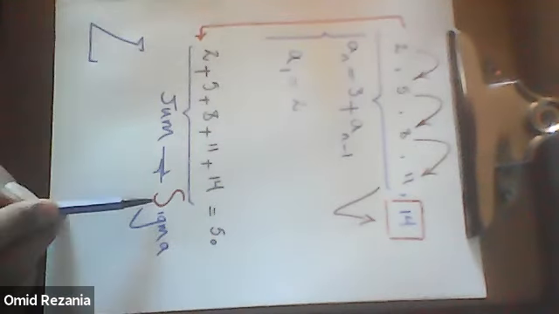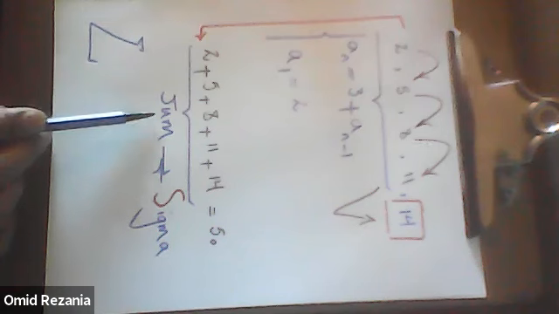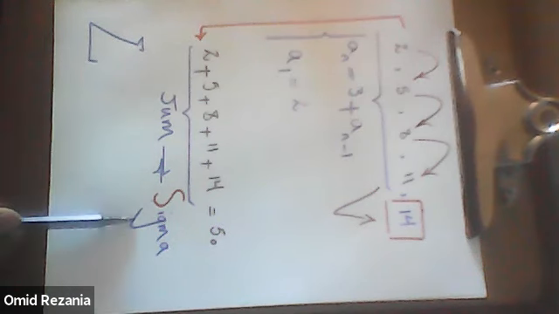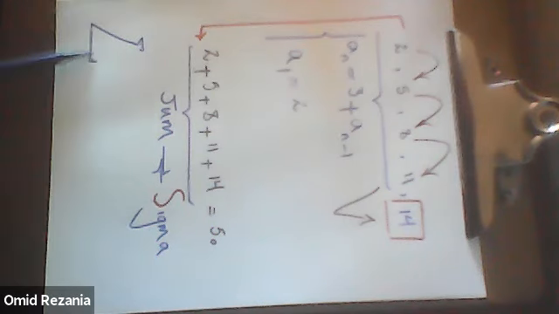As S in the English alphabet represents the sum, in the Greek alphabet it is equivalent to sigma, and that's what the Greek people write S as. That's what we do.